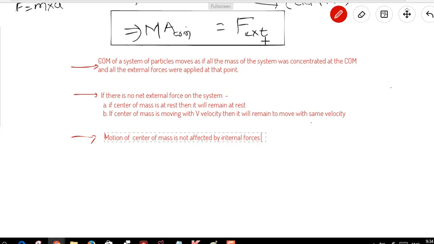We have already seen that there is no F internal here, right? And what kind of internal forces are we talking about?